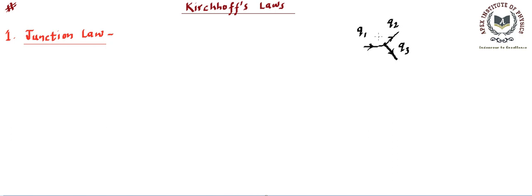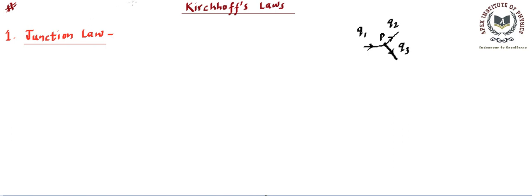So at this P point, which is known as the junction, we can apply a law, and that law is going to be junction law. This law simply says whatever the charge is coming toward this junction has to be equal to the charge leaving this junction, because this junction is neither source nor sink of charge, so charge remains conserved. So whatever the charge comes in, that has to leave, right?